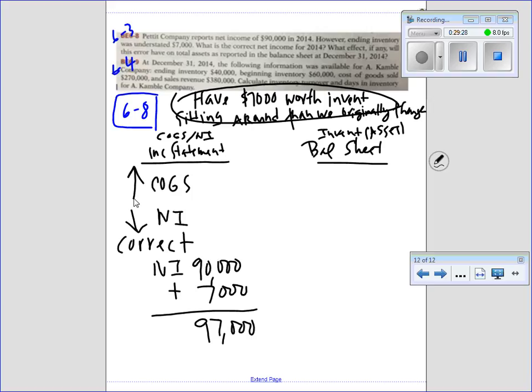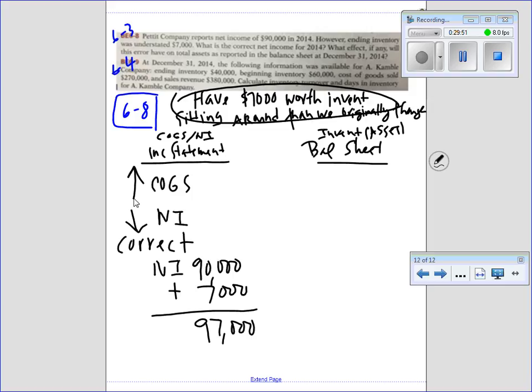The understatement of ending inventory caused cost of goods sold to be overstated by $7,000, and net income to be understated by 7. The correct net income for 2014 is $97,000, or the 90 that originally was listed plus the 7 that was understated.